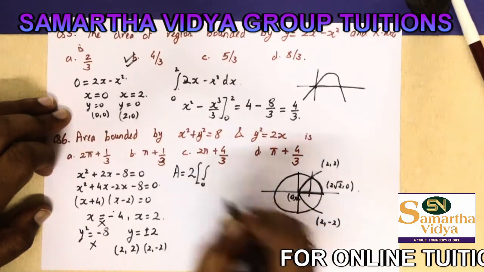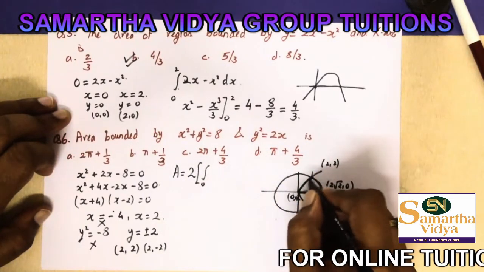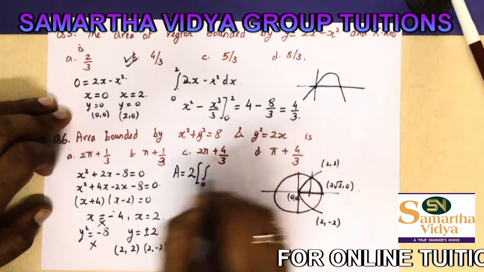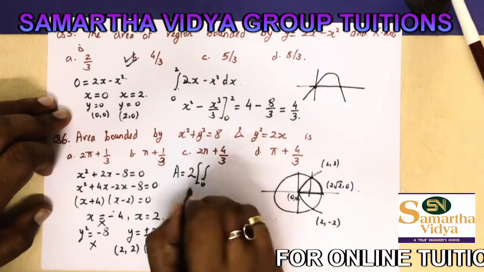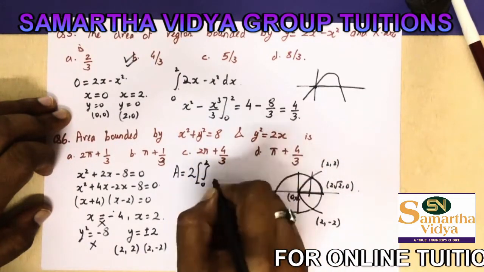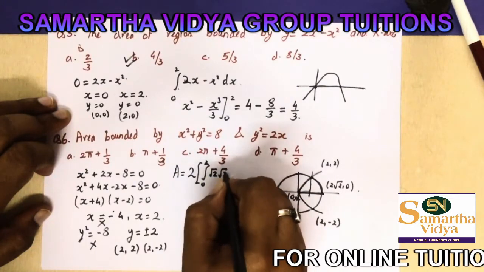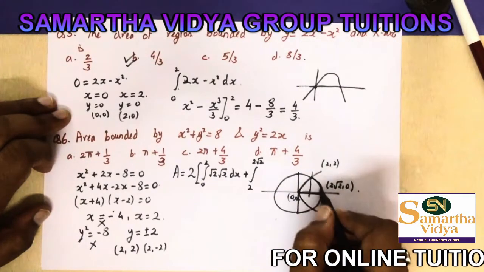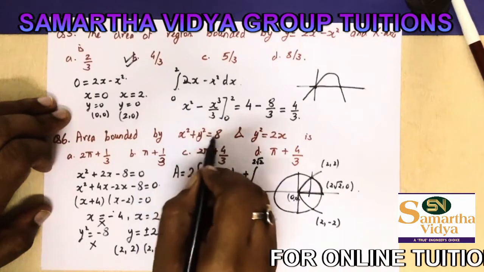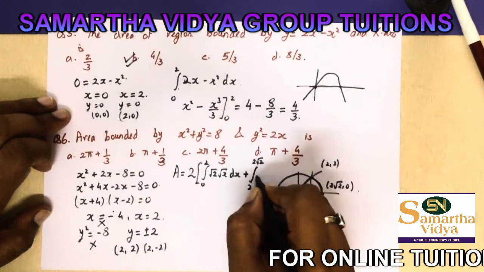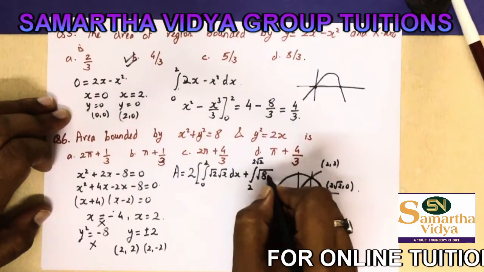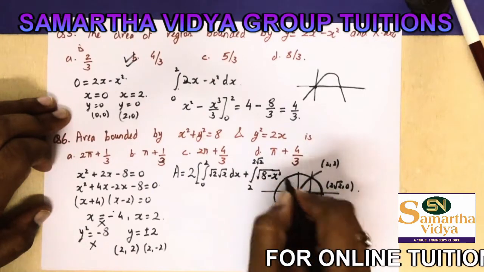So x is 0 over here, and we are following this particular curve, that is the parabola. So it is 0 to 2 and it's root 2 root x. Then I'll be following this particular curve, that is nothing but this circle. So that is root of 8 minus x square.